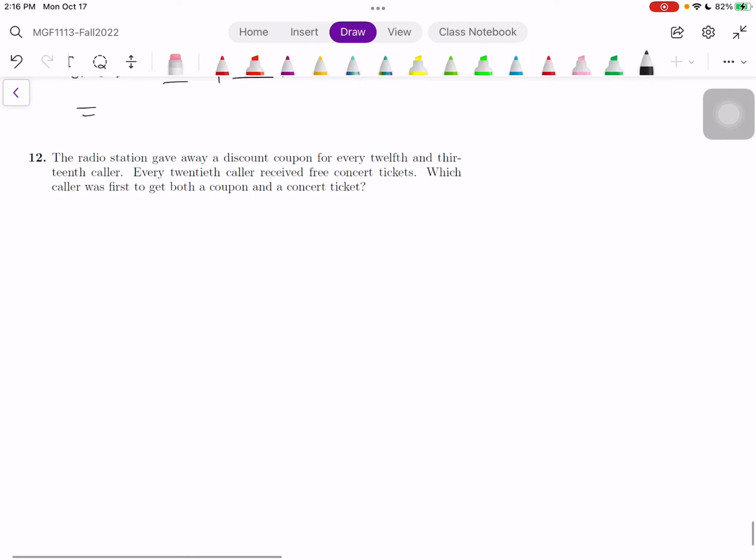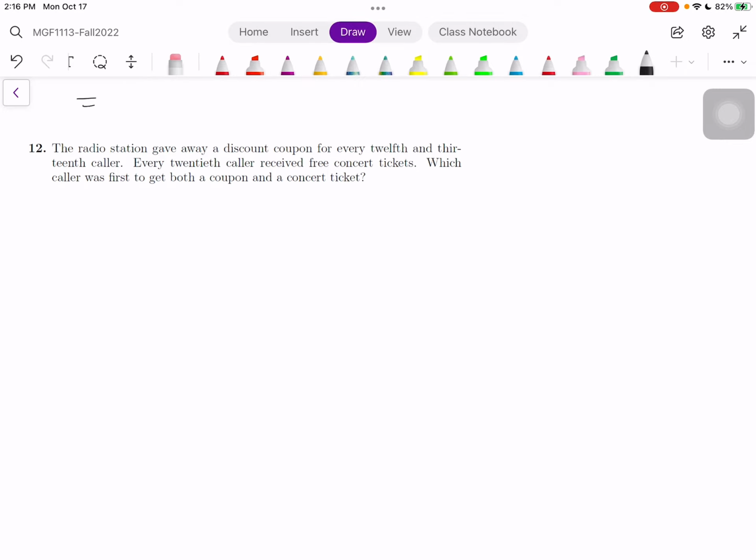Now, the radio station gave away a discount coupon for every 12th and 13th caller. Every 20th caller received free concert tickets. Which caller was first to get both a coupon and a concert ticket?